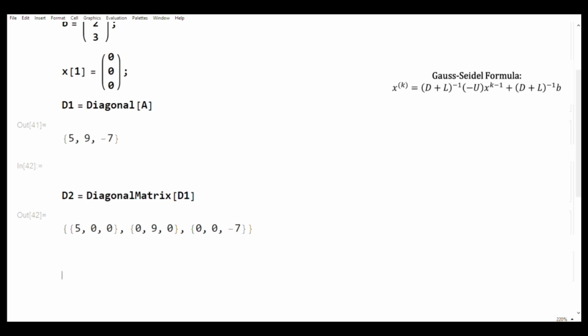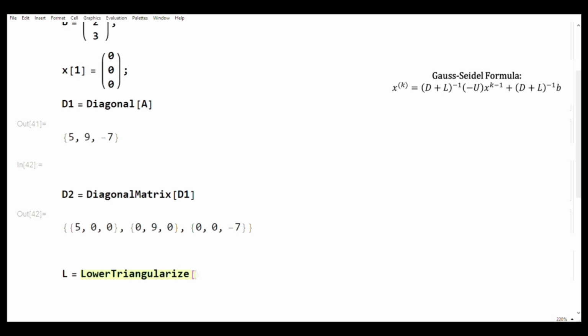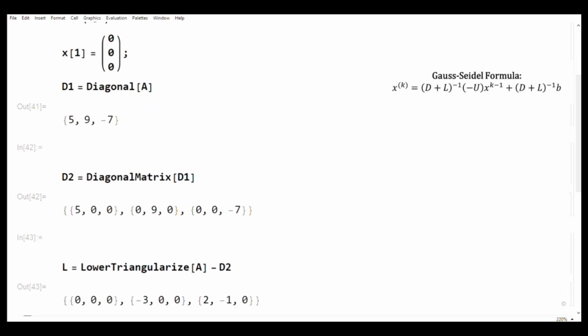The formula also tells us that we need to take out the lower triangular and the upper triangular parts. I take out the lower triangular by using capital L, lower triangular of matrix A minus D1. Oops, sorry, minus D2, the diagonal. Press shift enter.